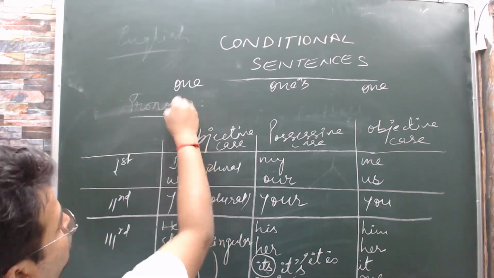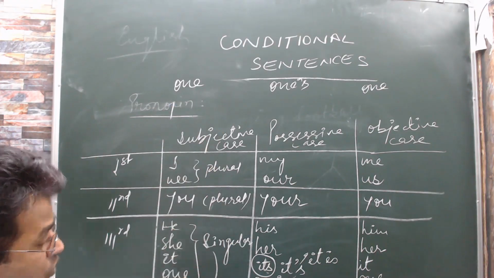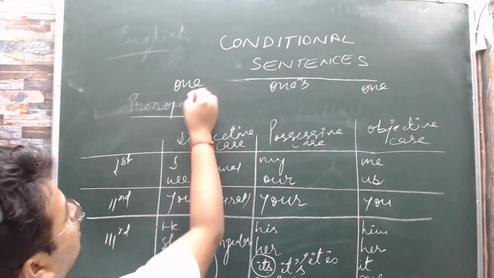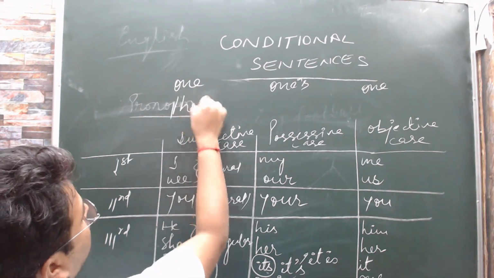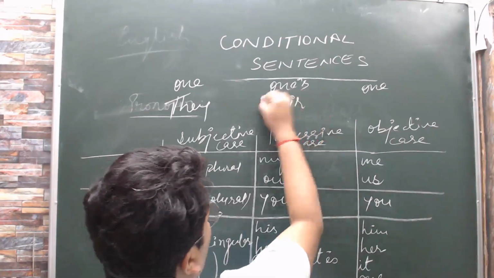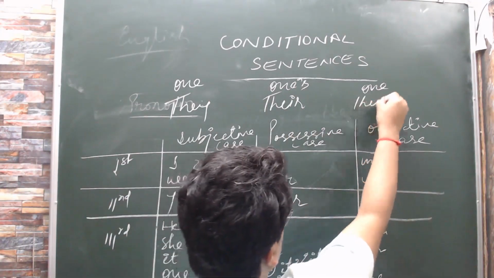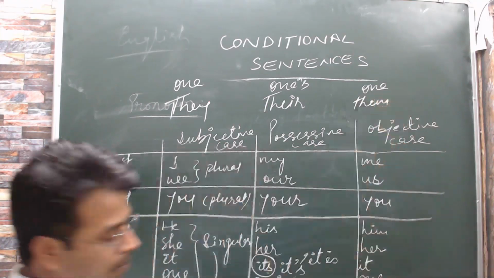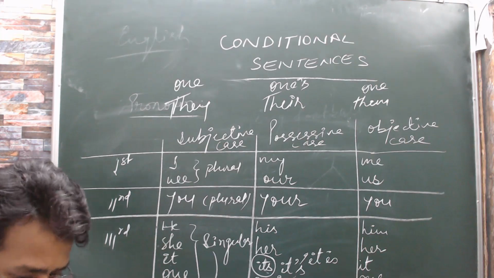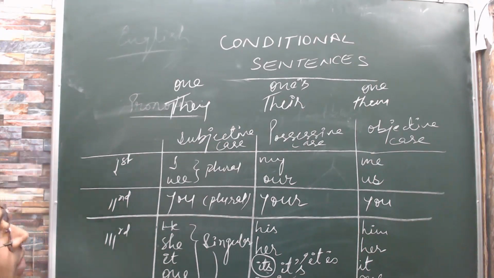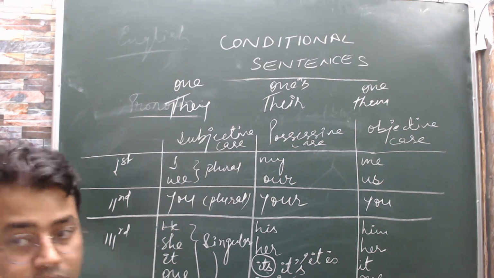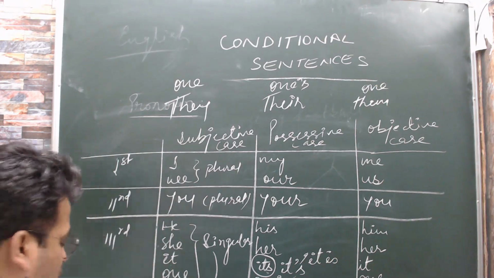So the third person plural for all of them is they, their, and them. So this table will help us to understand the conditional sentences. Note it down.